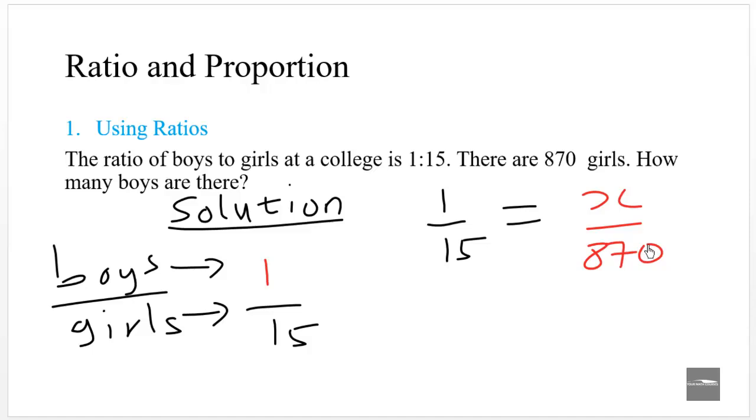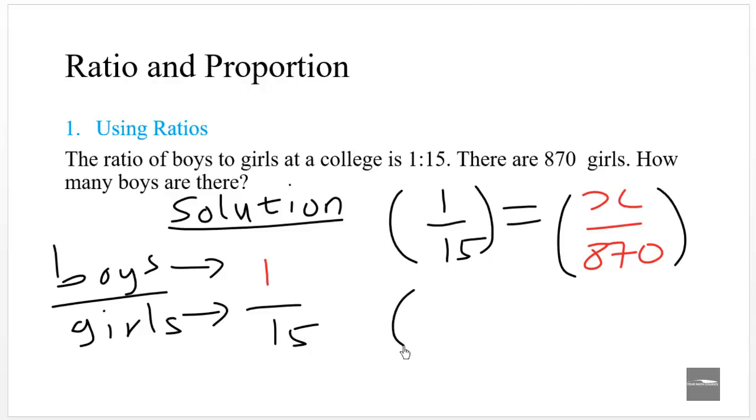So now, since we have x being divided by 870, we are going to multiply both sides of this equation by 870. So we multiply this by 870 and multiply this by 870. But let me do that here.